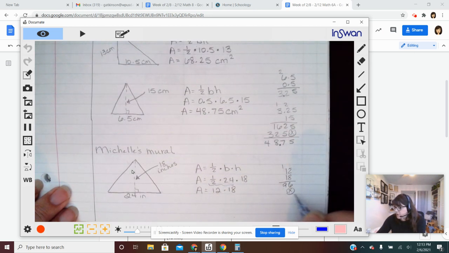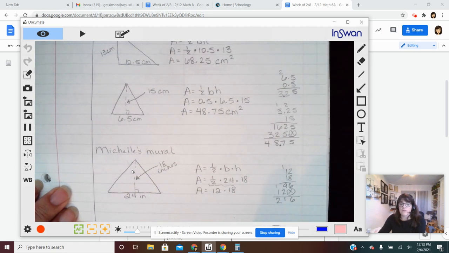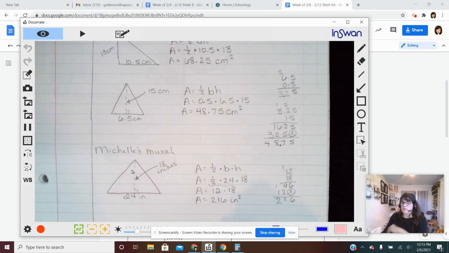Part of the reason I can do that is because I constantly practice. Please do not become so reliant on calculators that you are missing out on skills. Area is 216 square inches. And she can take that information to her local hardware store and know if she has enough paint.